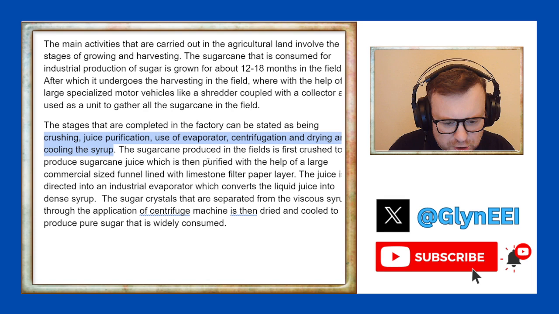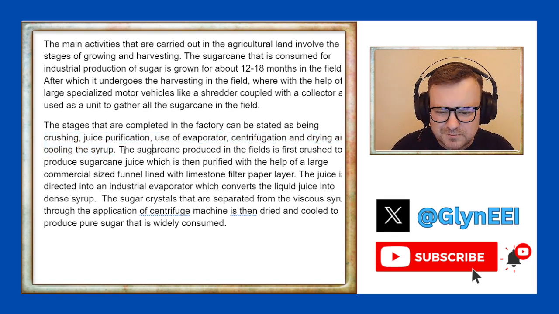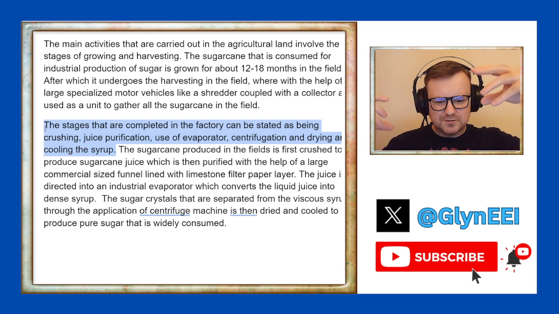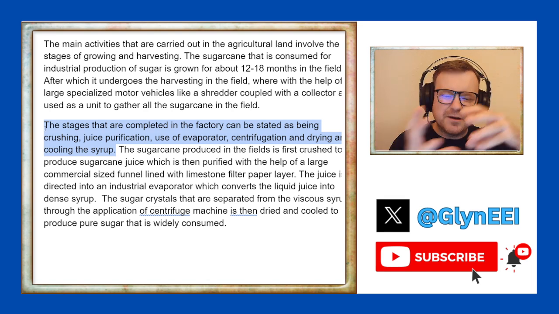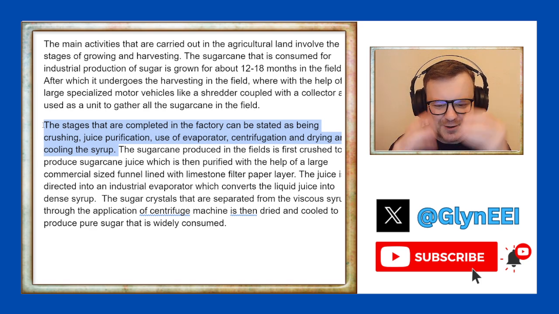But anyway, the sugarcane produced in the fields is first crushed. Okay, but you've mentioned that here, right? So you've given a list of the stages, and then we've gone back to the crushing. I think you could just maybe take away all of this if you want to cut down.